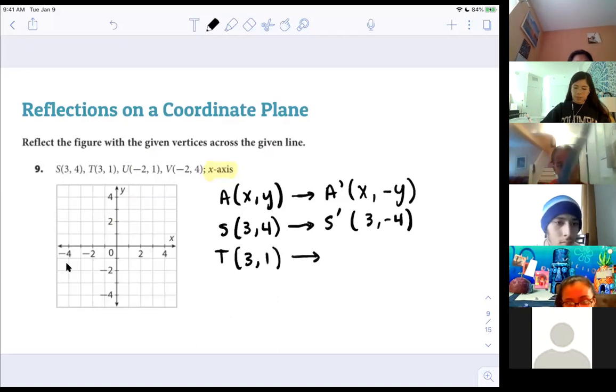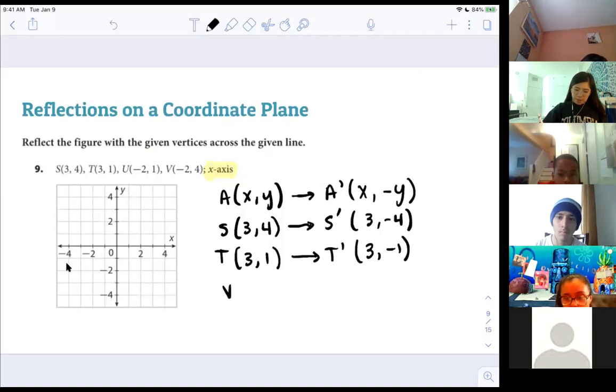So Daniel, what's it going to become? 3 comma negative 1. Exactly. We're just flipping that y. And then the last one, V goes from negative 2 comma 4 to negative 2 comma negative 4.